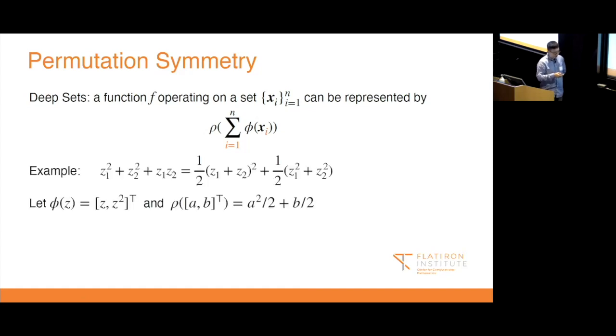To give you a quick example, if we have two scalar inputs z1, z2, and these functions are permutation invariant, you can easily find that this function can be written in this way. If I define phi as the z and z square terms, and rho as the square terms and b, then these invariant functions can be written this way.